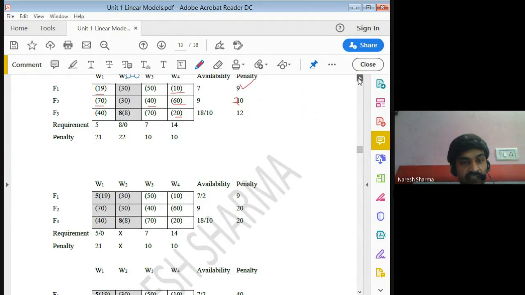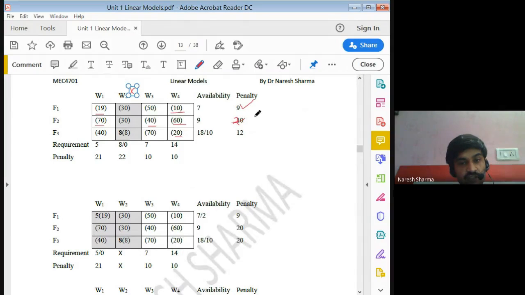So we calculate the penalty again. After this your penalty is your 20, and the next minimum is 20 and 40, your penalty is your 20. The penalty difference is your 21. This we already cross. This is your 50 minus 40 is your 10. This is your 20 minus 10 is again 10.